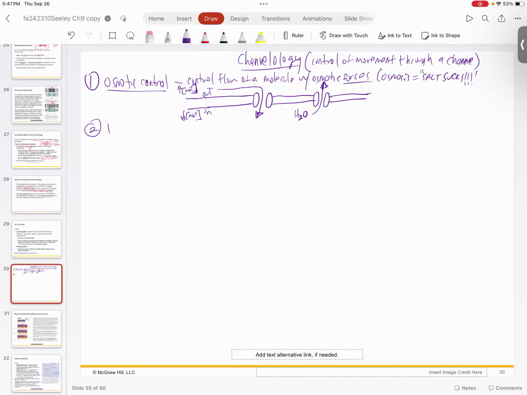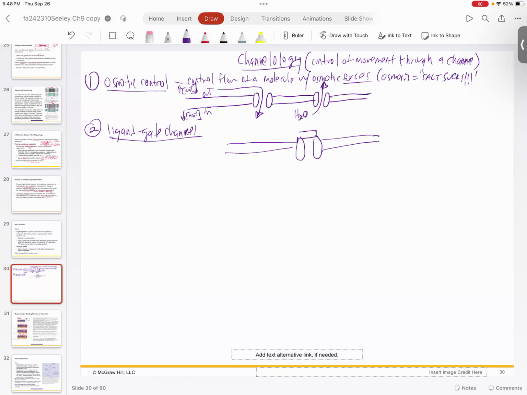The next way to control movement through a channel is through our ligand-gated channel. So basically, this is what it looks like. In this particular case, you're going to have your membrane. I'm going to have my channel. And in this case, I'm going to have a gate.